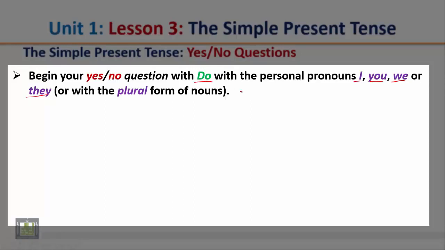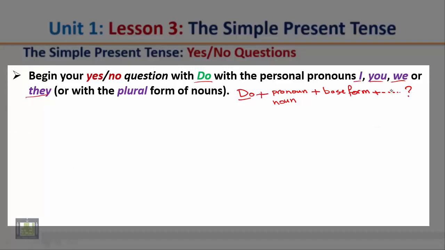So start your question with the verb do plus the personal pronoun plus the base form of the verb and then complete your question.